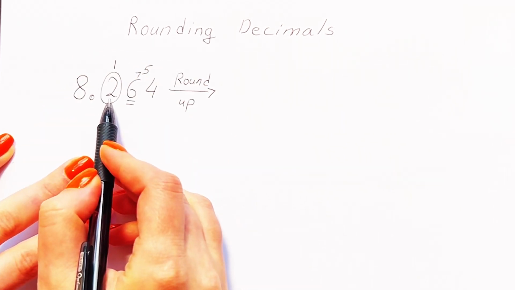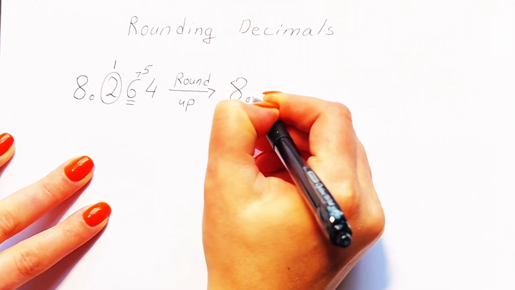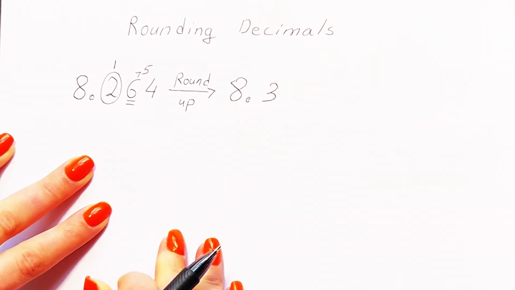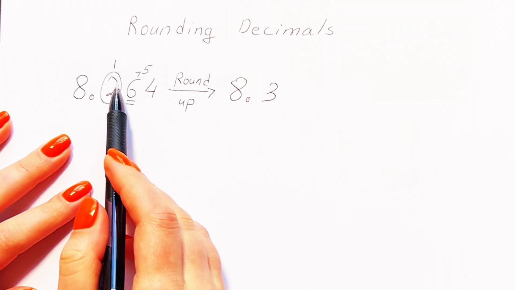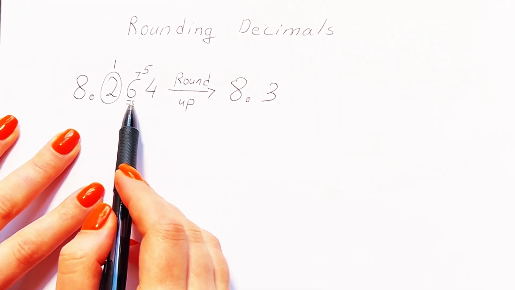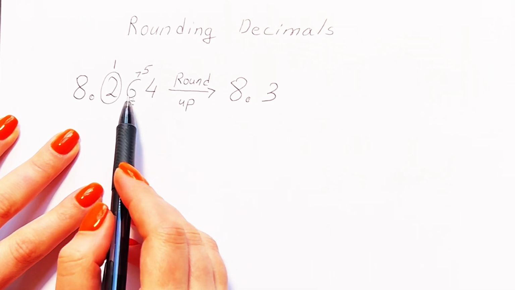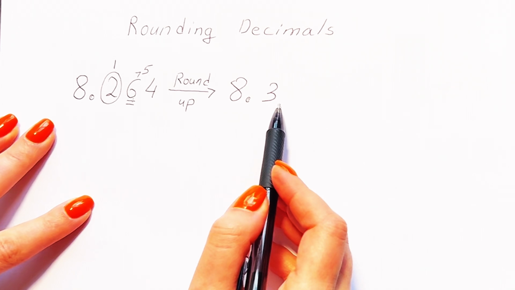So 2 gonna become one digit more. It's gonna be 8 and 3/10. Okay, what we did here, we are rounding to the nearest tens place. I circled the tens place. Okay, the next digit, if it's greater than 5, it means I'm rounding it up. So it's going to be 8 and 3/10.